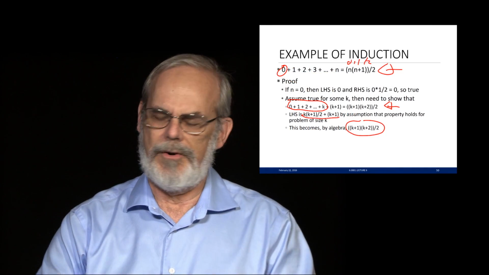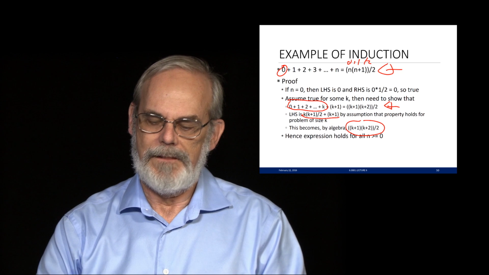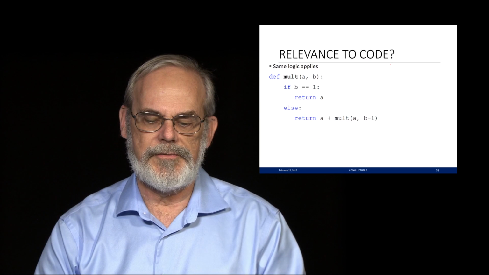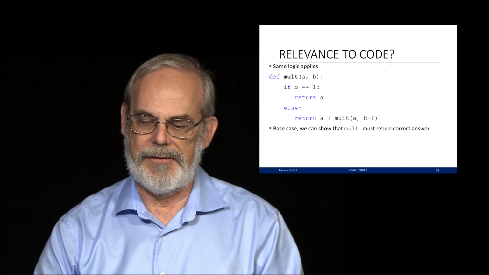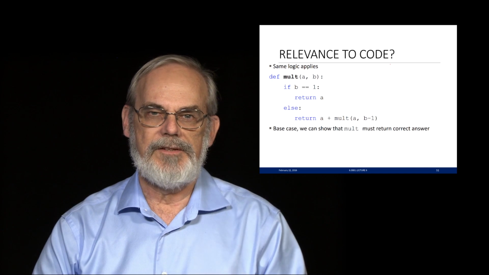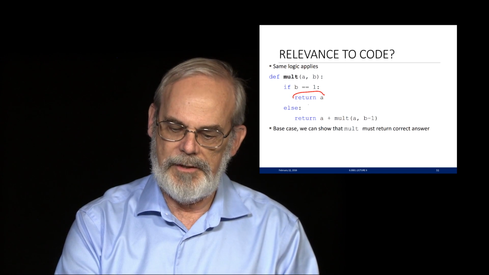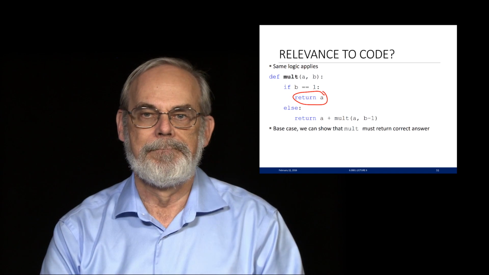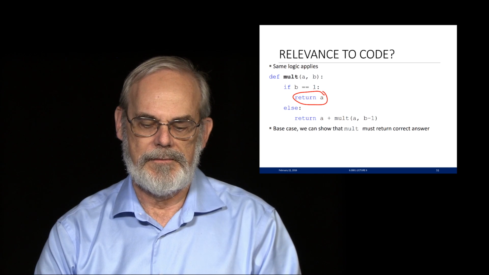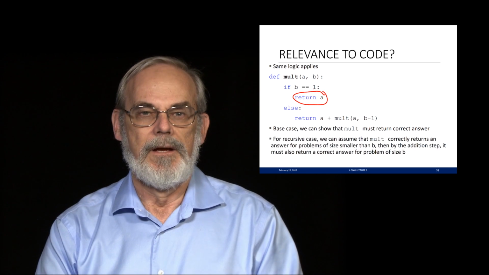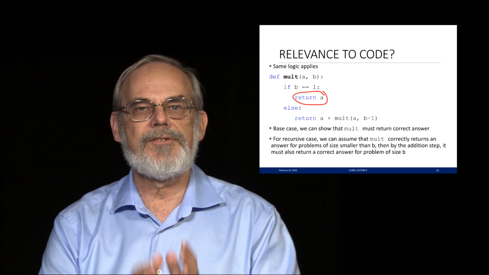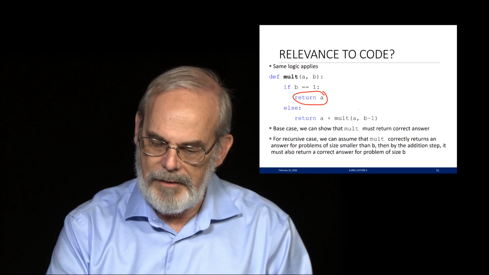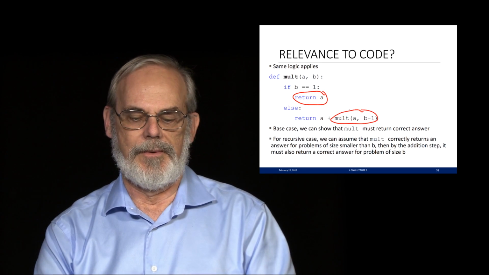What does that have to do with code? Well, I can do the same thing. Here, with my case of a recursive call to mult, I need to do the following. I need to show the base case is true. Will this return the right answer when b is equal to 1? Yep. Now, what about in the recursive case? I'm going to assume that my code does the right thing for smaller versions of the problem, meaning that I'm going to assume that mult returns the right answer.